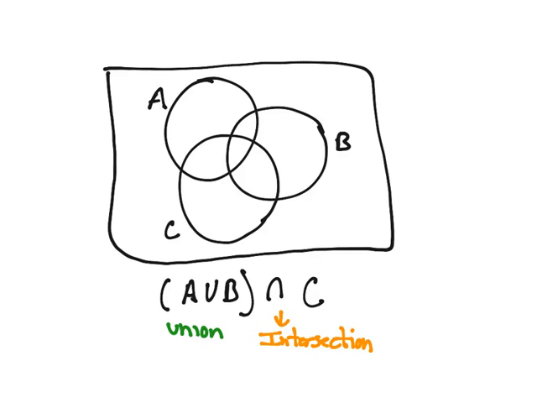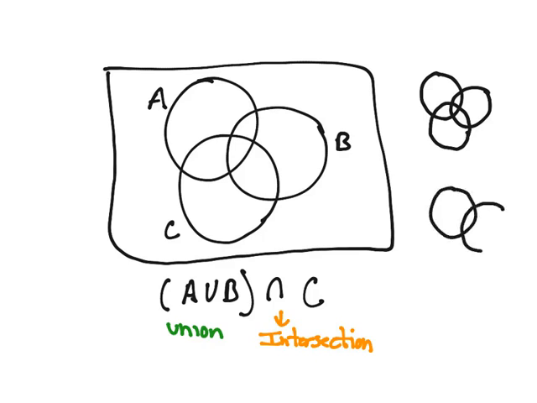So for this one, I'm just going to draw the 3 circles on the outside, and I'm going to do that twice. And I want to do the union of A and B first.